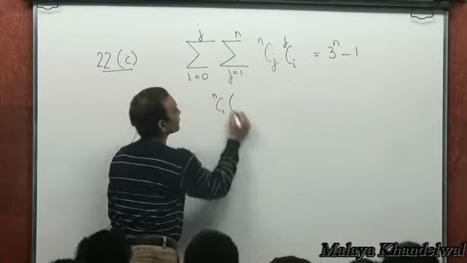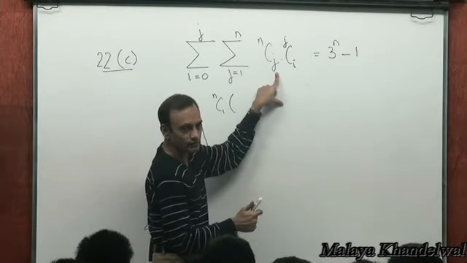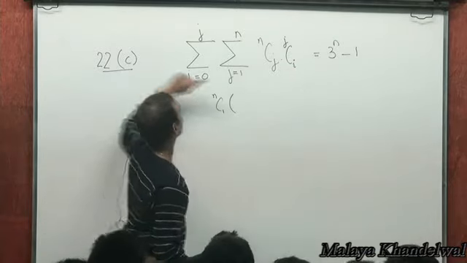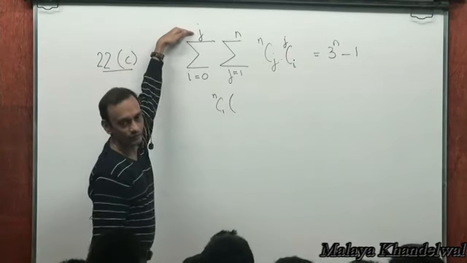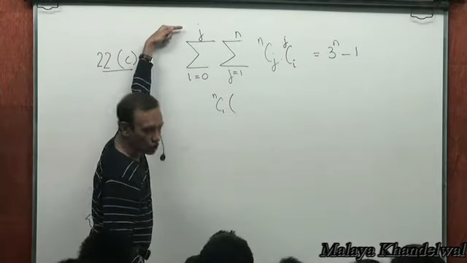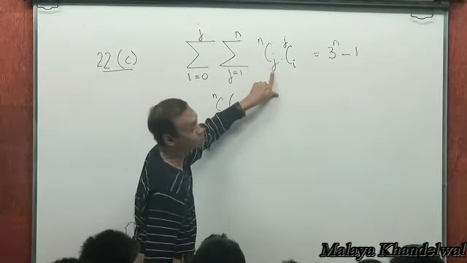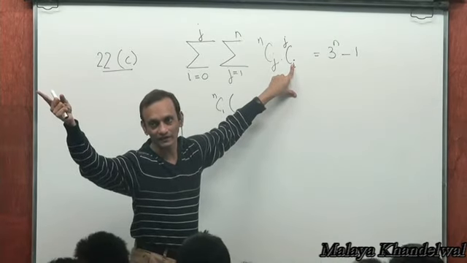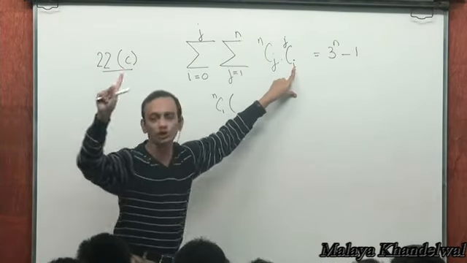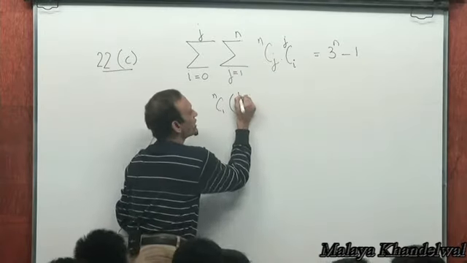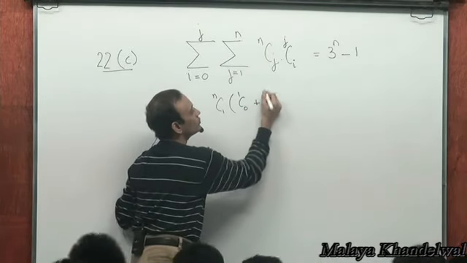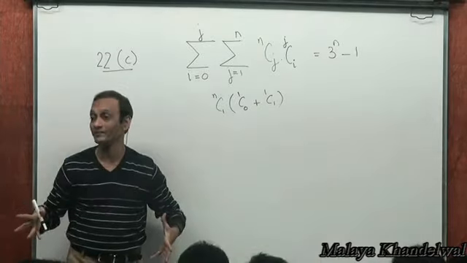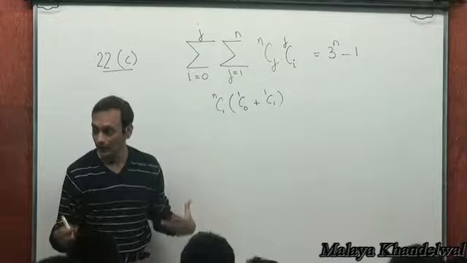When j is 1, i goes from 0 to j, so i will assume two possible values, 0 and 1. That is the term for j equal to 1.